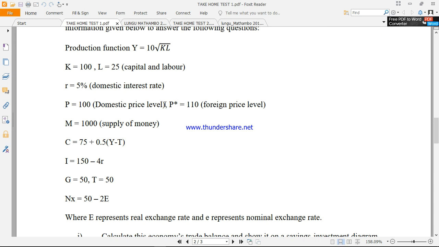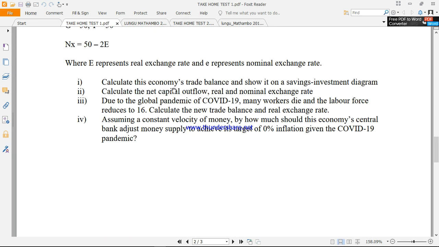But if you look at countries like Zambia, you may discover that our interest rate is determined by world economic forces. So for this one, it's not. Alright, thanks for that.